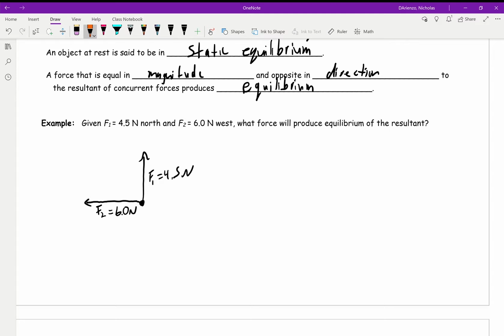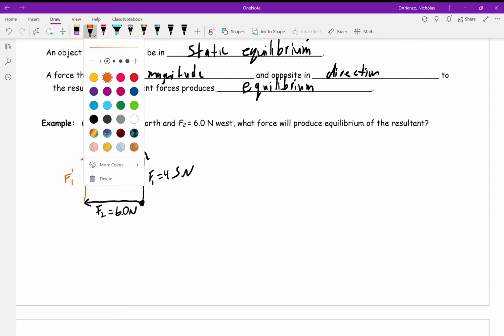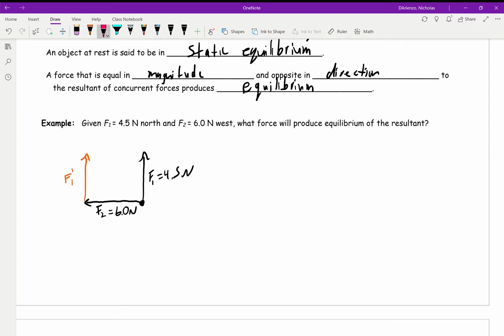So if we connect these forces head to tail, this would be F1 prime as we translate that over there. So we connect F1 and F2 head to tail. Our resultant will be drawn from the tail of our first vector to the head of our final vector.